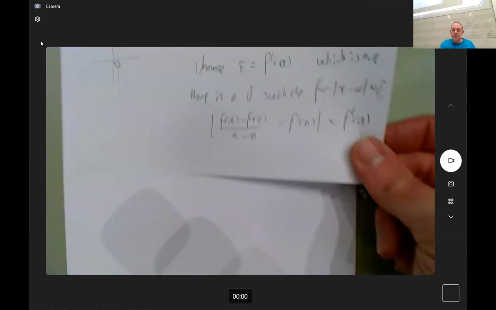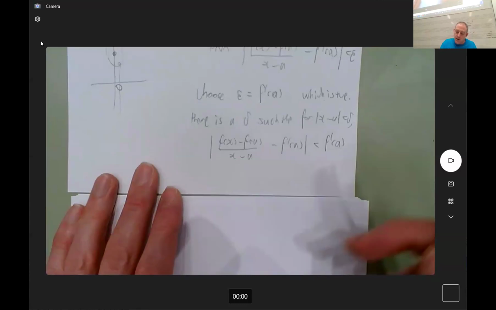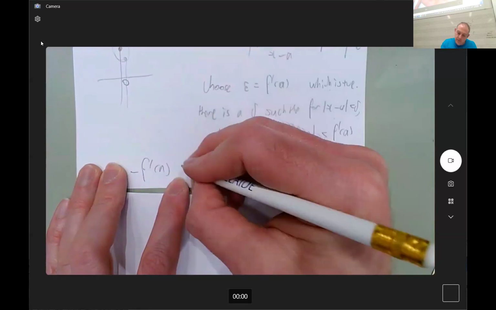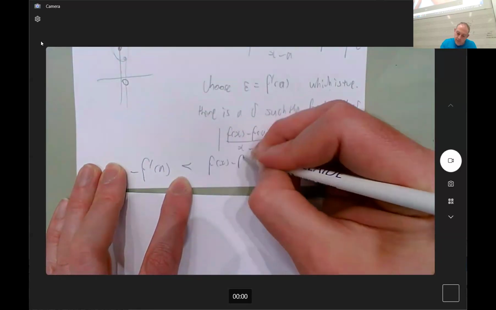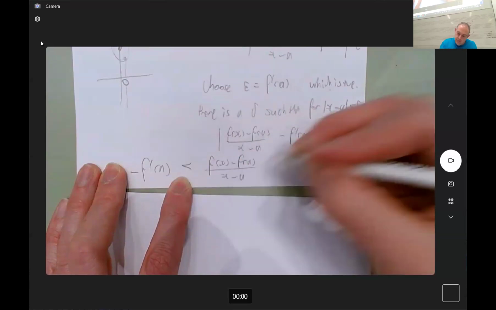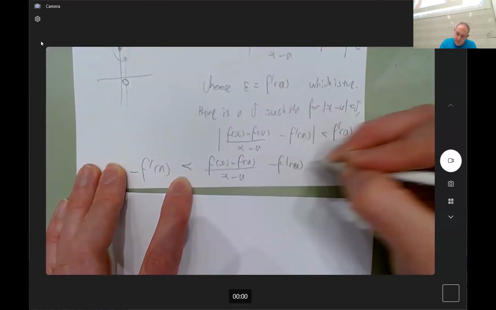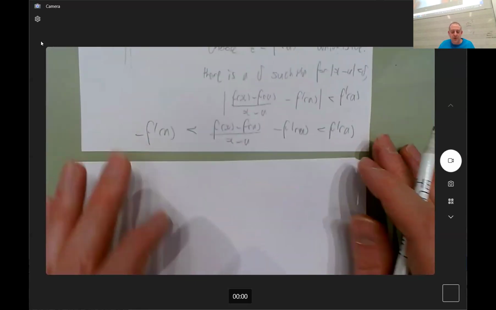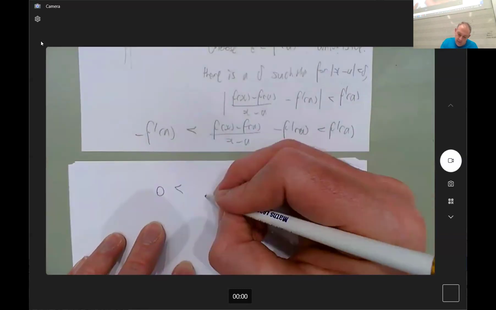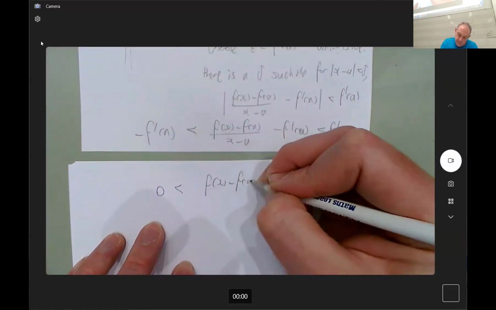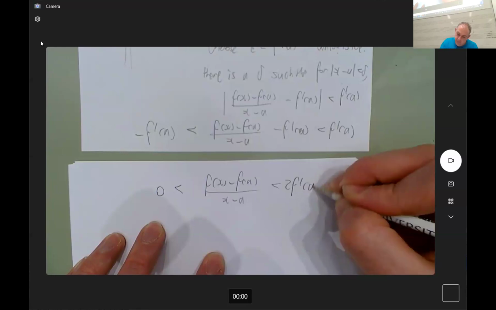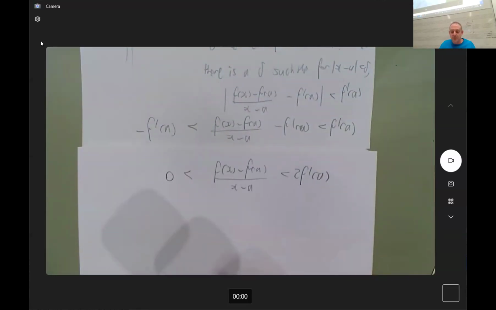And that means that this number is between that and minus that. And if I add f dashed of a to everything, I get this. And therefore, in particular, this is definitely positive.